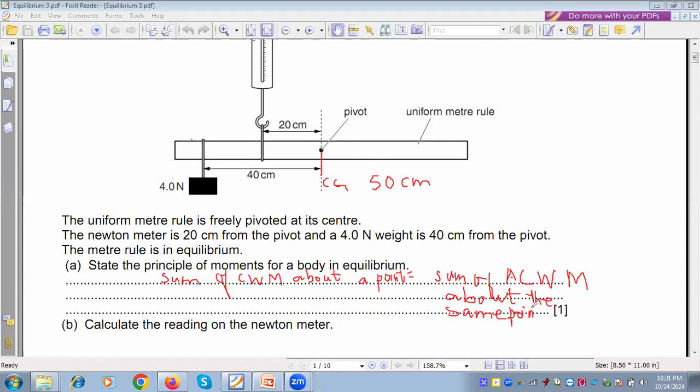It means for this to be in equilibrium, the moment caused by the 4 Newton weight should be equal to the moment caused by the Newton meter. So what will be the reading on the Newton meter? We will have to apply the principle of moments for that purpose.